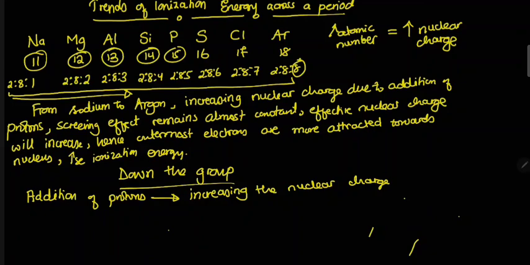But as we go down the group, we are also going to be adding energy levels. This will make the electrons far away from the nucleus.